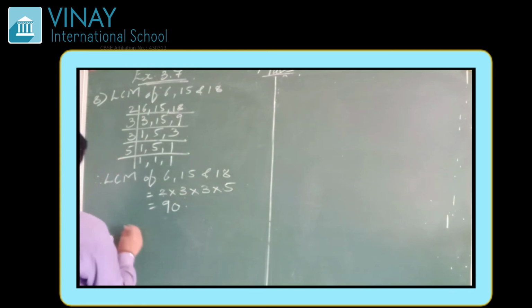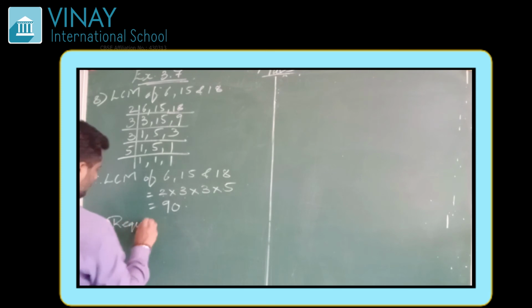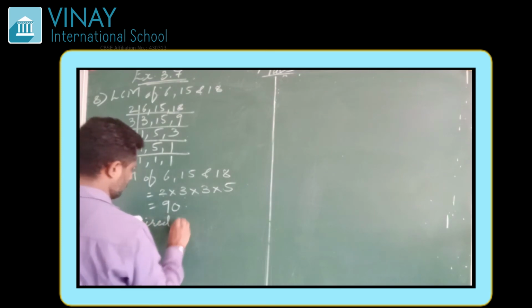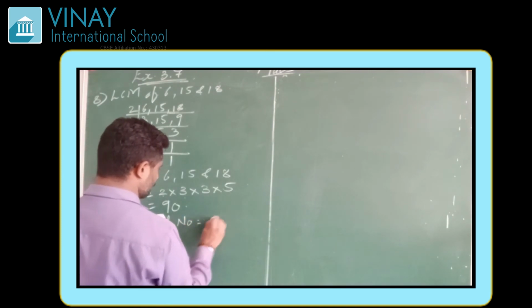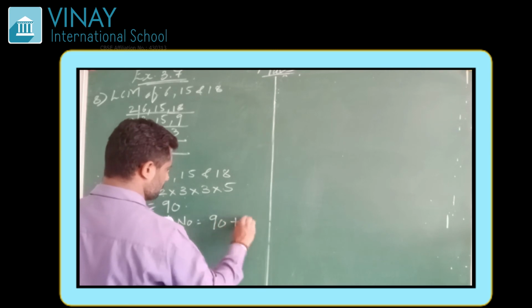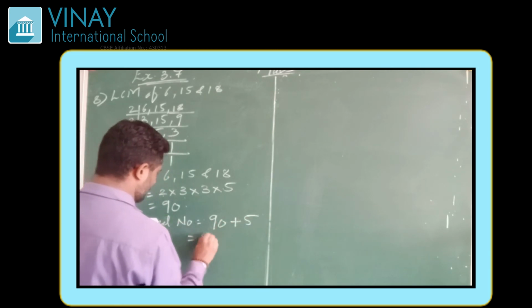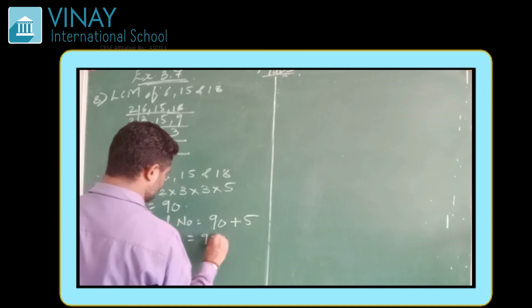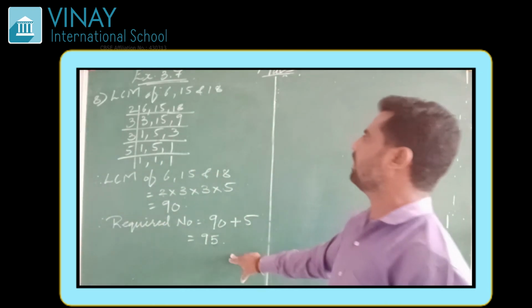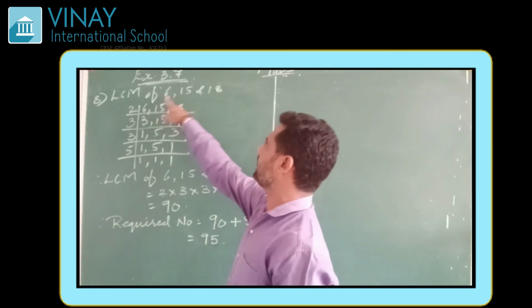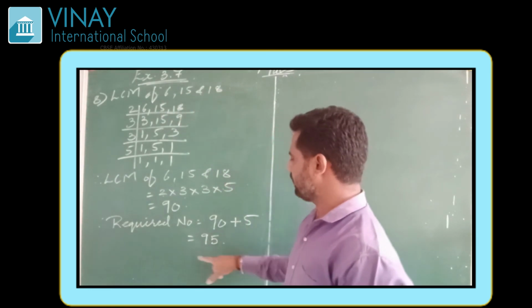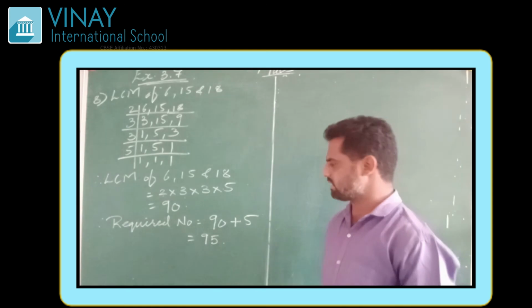So the required number is equal to 90 plus 5, which is 95. So we can say that 95 is the smallest number which when divided by 6, 15 and 18 always gives remainder 5.